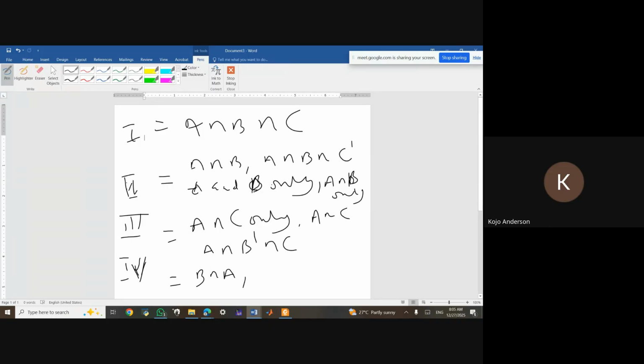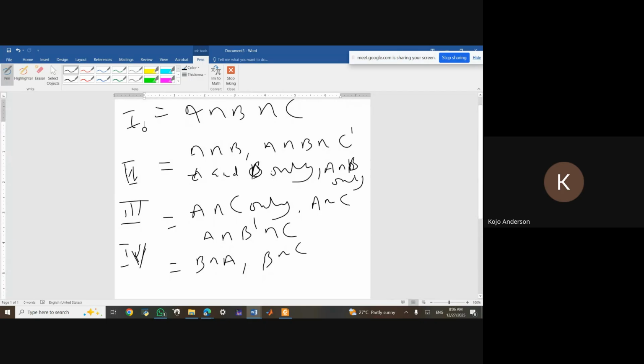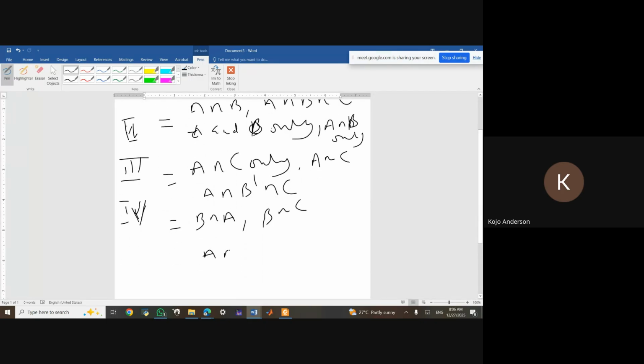B intersection C. Or A complement intersection B intersection C. Is that all? The first one, is it B intersection A? The first one is B intersection C, right?